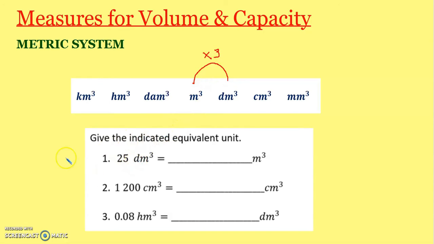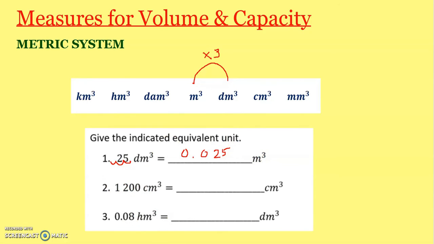So sa 25, i-move natin yung decimal point 3 places to the left. 1, 2, 3. And you have a space there. That means you have to add 0 before 2. Magiging 0.025 cubic meter.